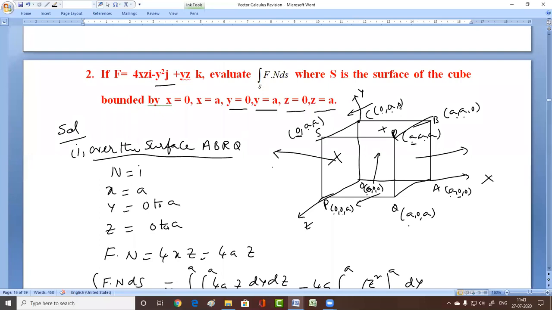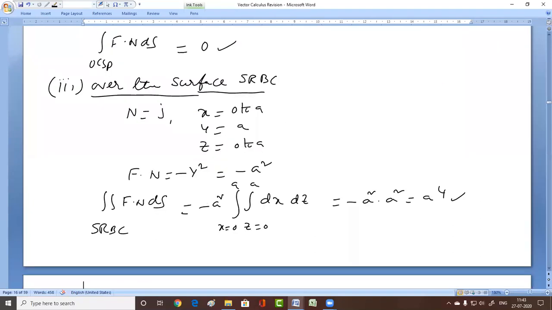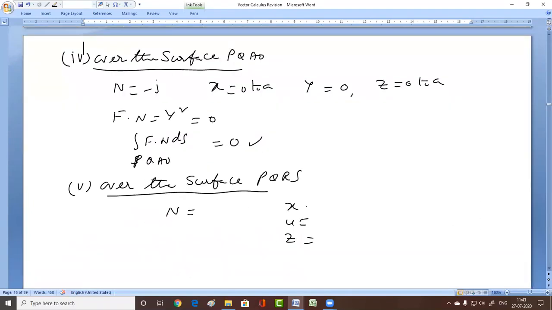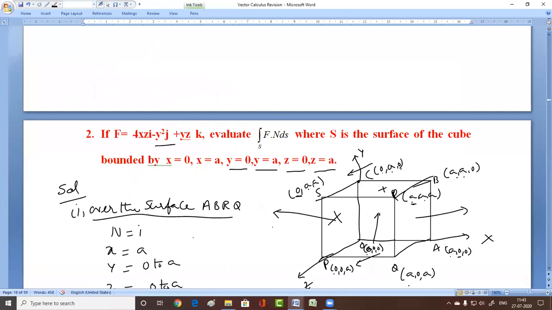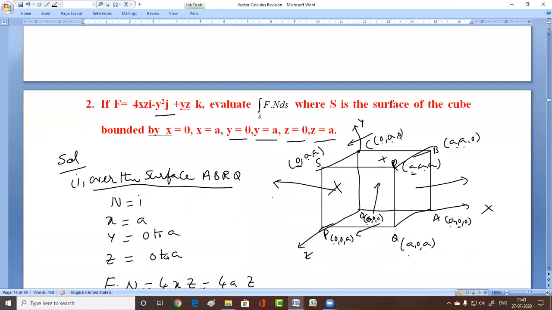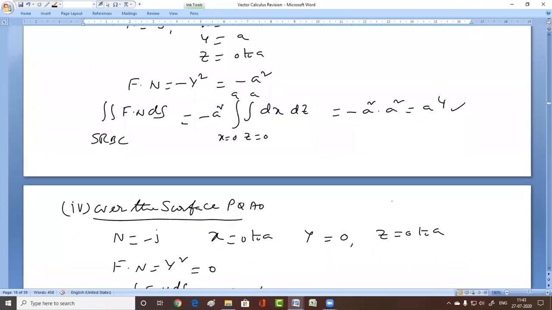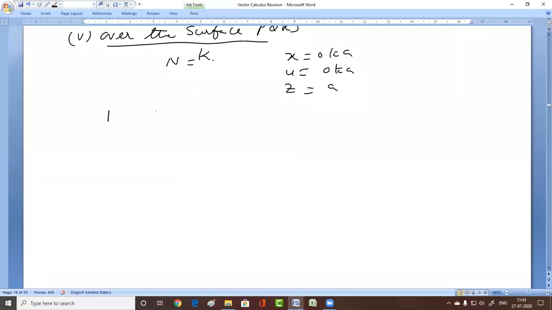Now x varies from 0 to a, y varies along the y axis from 0 to a, z equals a. F dot n, so x times y only, k component. Sorry, yz. F dot n equals yz.